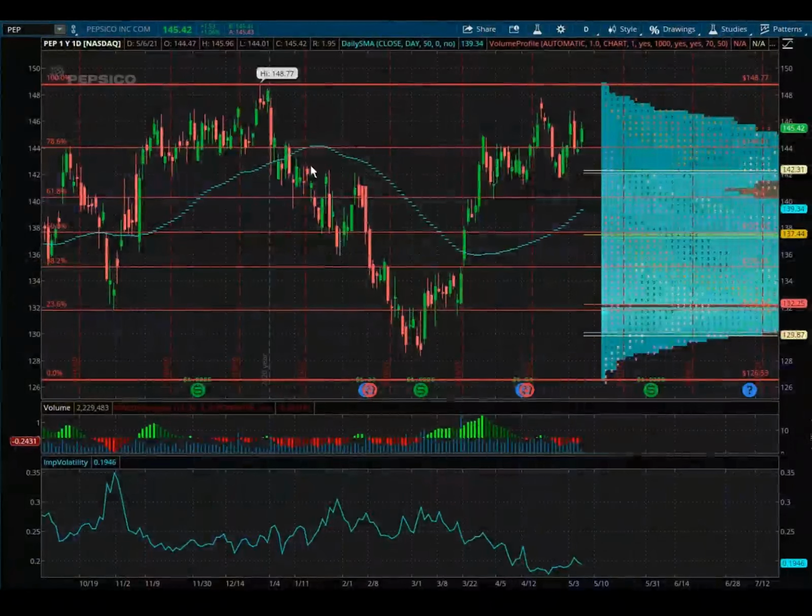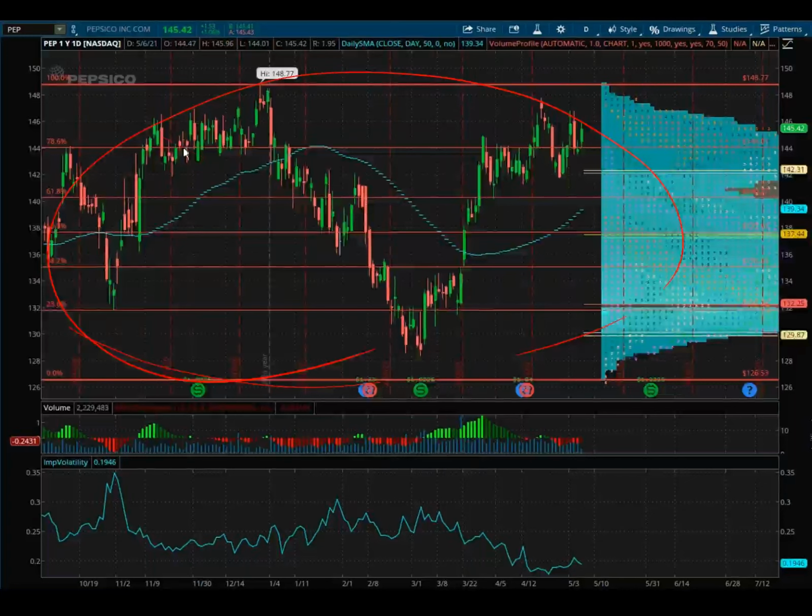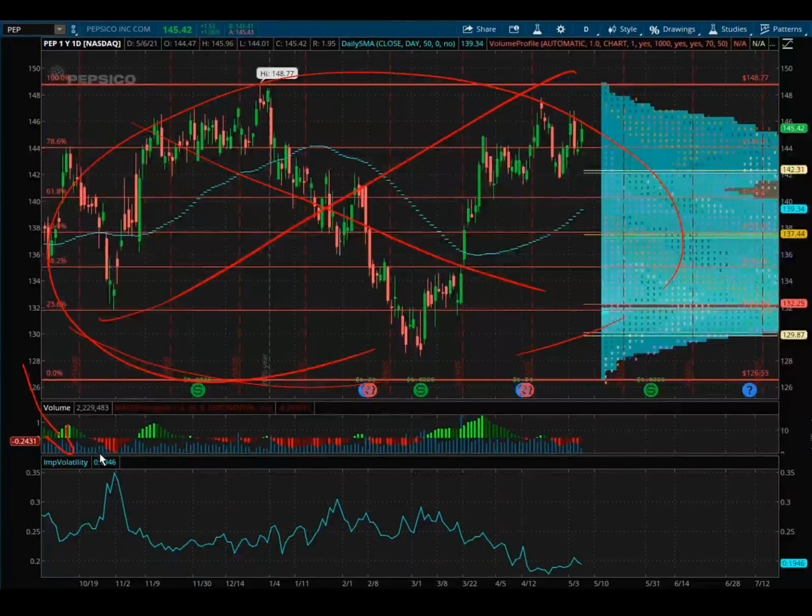So we look at the chart, and don't even look at this part of the chart. What you need to do is look down here where I've got a new chart that says implied volatility. So I chart this. Why? Because Pepsi has volatility, but I need to know where this number, this 20, is in relation to the low and the high.